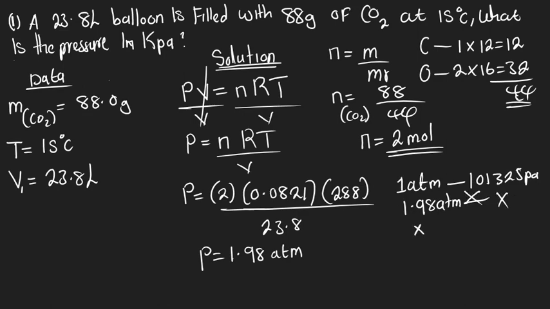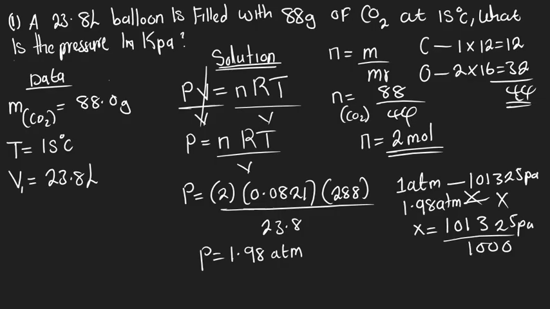Let's multiply. What are we getting? If you multiply by 101,325, I'm getting something like that. Then since it's kilopascal, you divide this by 1000.